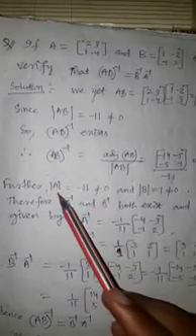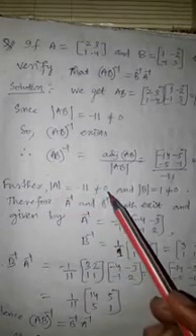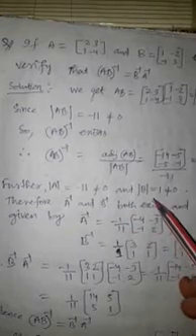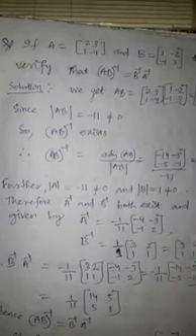Further, determinant of A is equal to -11, which is not equal to 0, and determinant of B is equal to 1. That is not equal to 0.